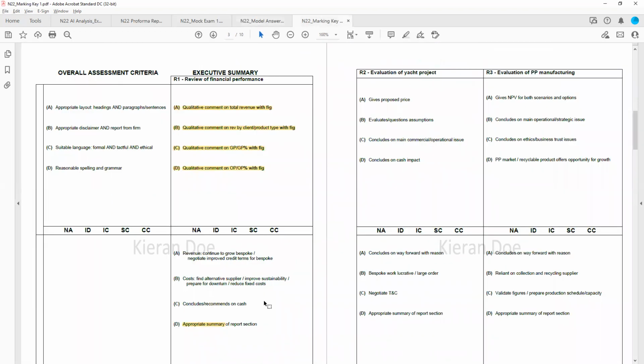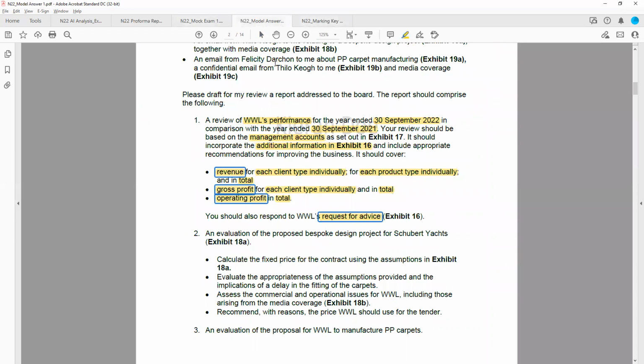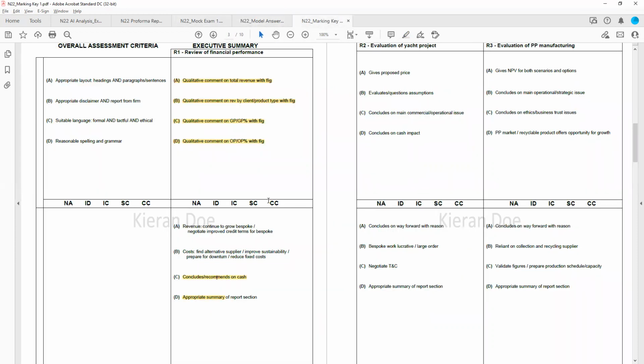And then you can see that gives you a good shot at getting these other points. Actually, the point on cash was given marks out there. And you can see here, in this instance, these were all recommendations. So whilst I said include these additional points, you can see that the points that were given marks were all recommendations, and that has been the case.